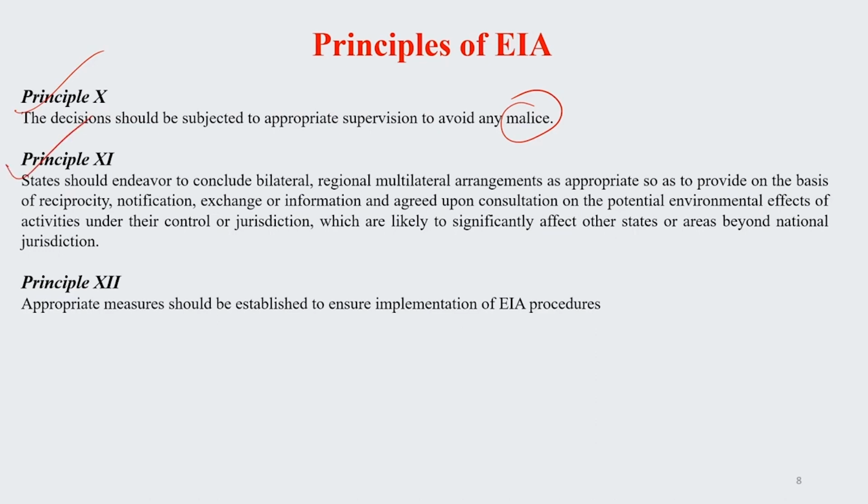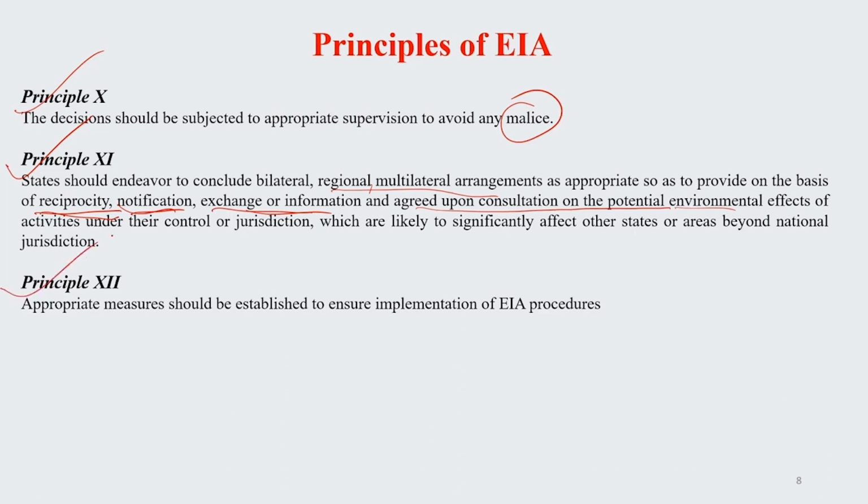Number 11, the involved states should endeavor to conclude bilateral, regional, or multilateral arrangements as appropriate, on the basis of reciprocity. This is very important, reciprocity. Things should be notified in advance, there should be exchange of information, and one should agree to consultation on the potential environmental effects of any activity under the proposed project.